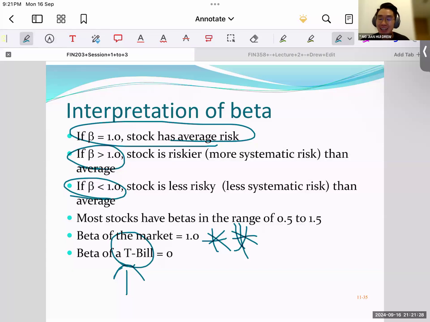No risk. And if it's no risk, it means your systematic risk for the T-bill is 0, meaning your beta is 0. I hope you can draw the relationship now. The T-bill measures the return based on inflation, but from a risk perspective the T-bill has no risk. Since there's no risk, there's no systematic risk, and in this sense your beta is 0.